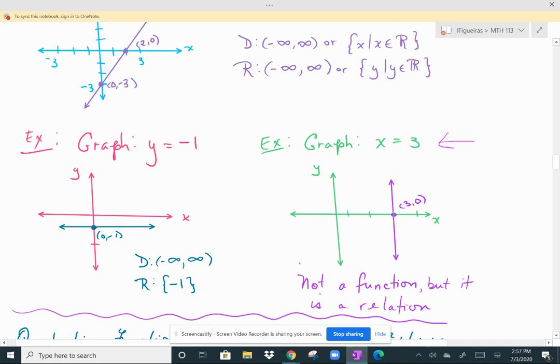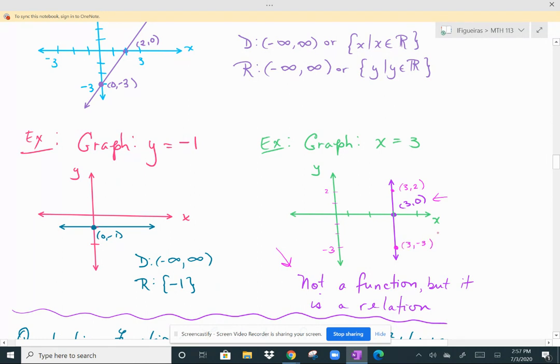it doesn't even make sense to talk about domain and range, because this is not a function, because for every value of x, I have infinitely many y's. So I gave you one example here, (3, 0), but (3, 2) is also on here, and also (3, -3) is also on here.